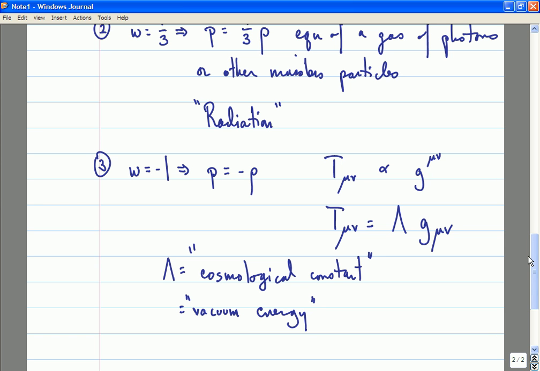And so we'll spend a good deal of time on cosmology later on in this course. But before doing that, we need to understand general relativity.